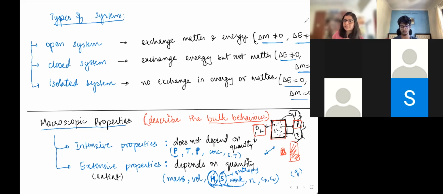Force is a completely different concept. But gravitational acceleration, g = GM/r squared, would be an extensive property because different planets have their own accelerations, right?